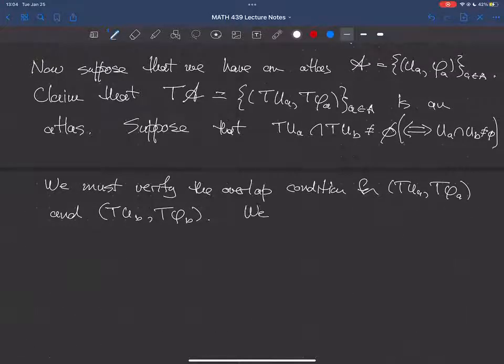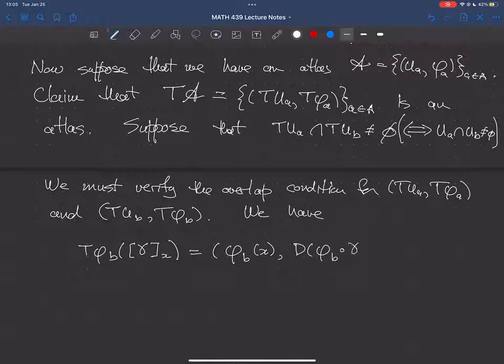So the definition of T phi_B at a point is, this is just our definition, phi_B of x, and then d phi_B composed with gamma at 0.